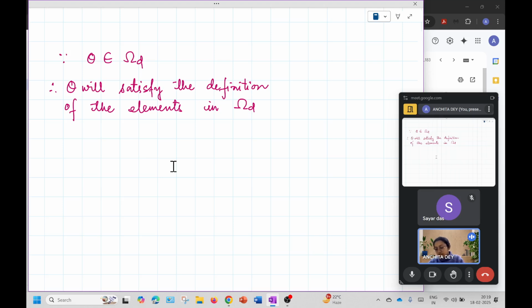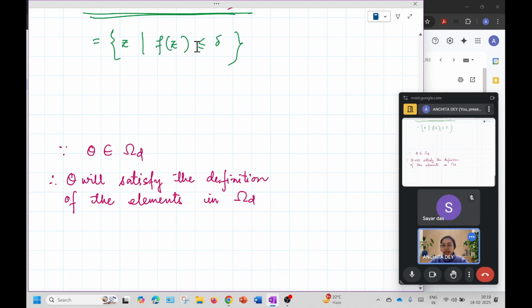What was the definition? That f of z should be less than or equal to delta. This is how we are defining the elements in the set omega d.